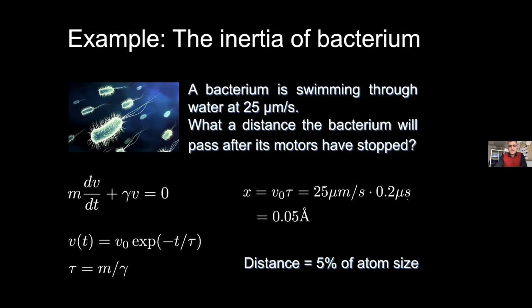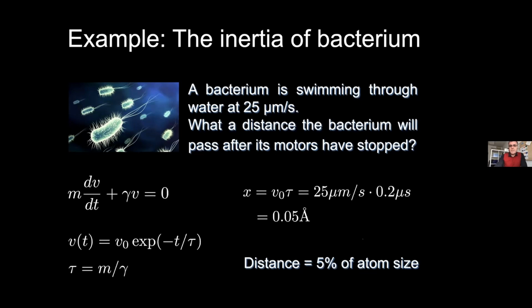So this bacteria will stop moving on a microsecond level. And if you multiply this by velocity that initially it had, you will get the distance that bacteria will cover. And we are now getting the length of 0.05 angstroms, what is actually the distance of 5% of atom size.